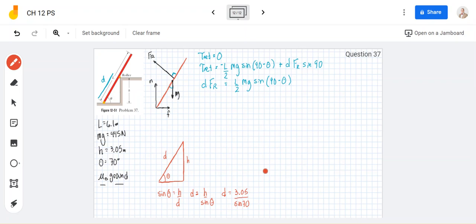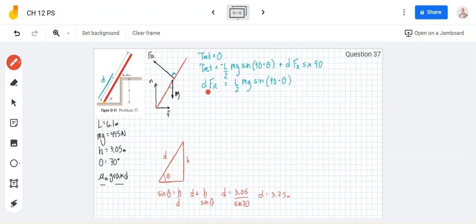Handy dandy calculator. So I got my d value to be 3.25 meters. Now the whole plank is 6.1, so 3.25 is a little bit farther along the plank than halfway. So it looks like I drew it.